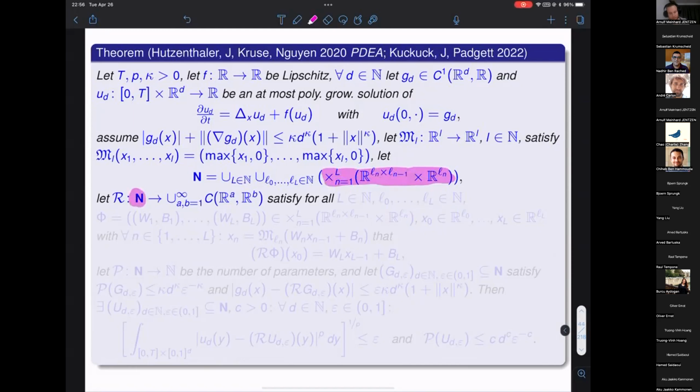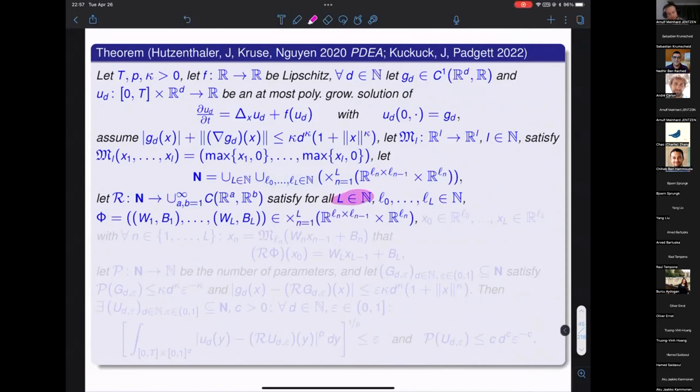So we could define the function R, which takes elements from the set of neural networks and maps them to a continuous function from R^a to R^b, where a and b are arbitrary natural numbers, in the sense that for all L and all L_0, L_1, ..., L_L natural numbers and all phi, which is an L-tuple of matrix-vector pairs, and all x_0 in R^{L_0}, ..., x_L in R^{L_L}, with a recursion that x_n is given by this multidimensional version of the rectifier function applied to W_n x_{n-1} + b_n.